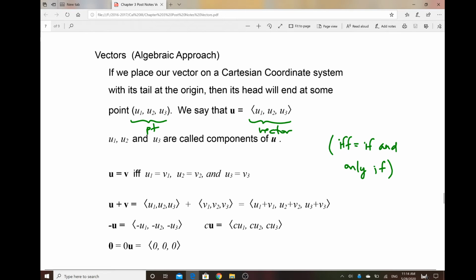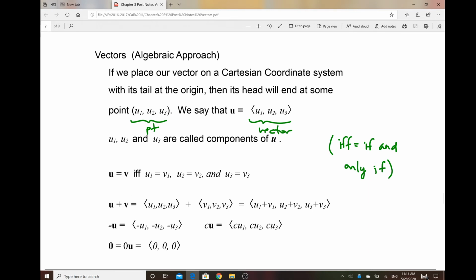If that's the Cartesian form, this one would be considered x1, x2, x3, along with y1, y2, y3. So u1, u2, and u3 are called the components of u.